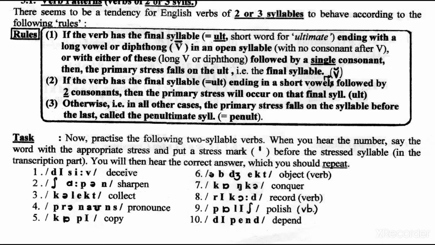The last sub-rule is Rule 1c. In the box you have 3, but it's c. So Rule 1c says, otherwise. What do we mean here by otherwise?